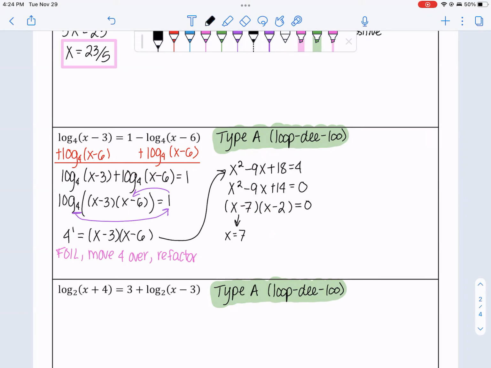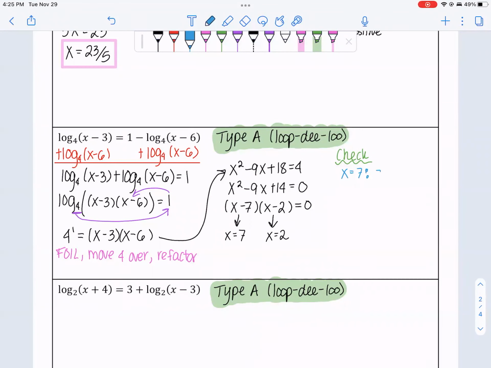All right, we get 7 and we get 2. We're going to have to check these in our original equation. There are 2 different factors we have to worry about. So for x equals 7, we have the x minus 3 term.